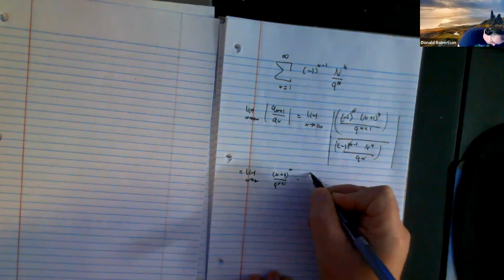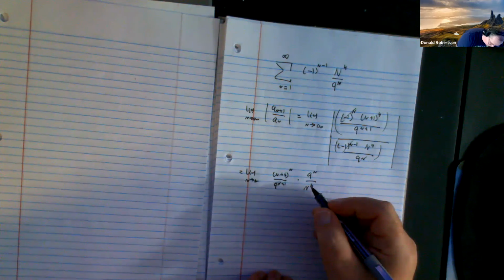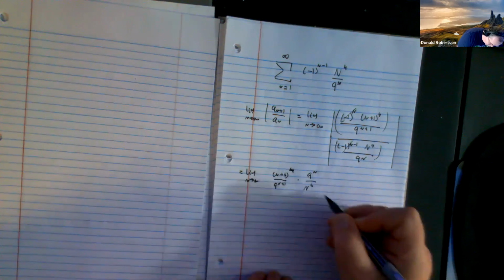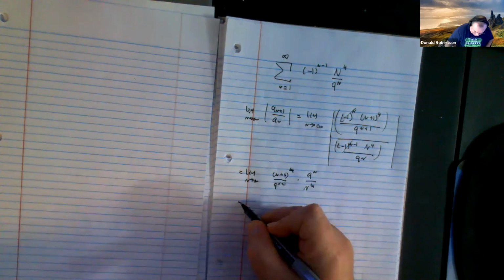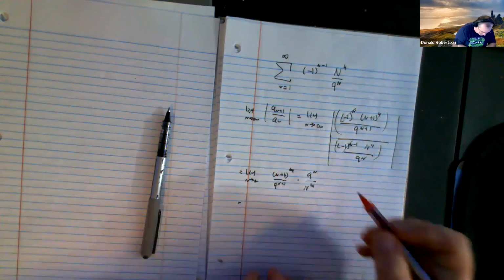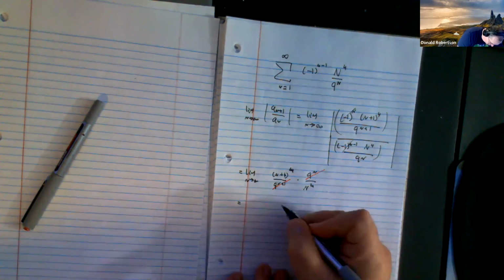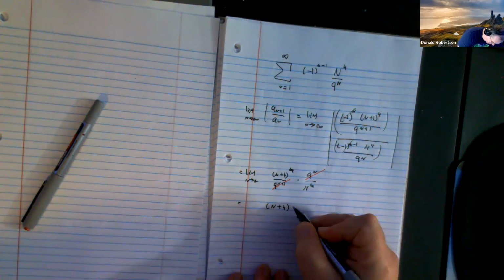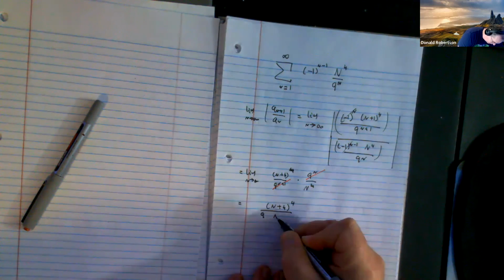over, that by the way is a 4, that guy over that guy. And I'm going to look for things that can cancel. That guy cancels with that guy and leaves a 9 on the bottom. So I now have n plus 1 to the 4 over 9 lots of n to the 4.